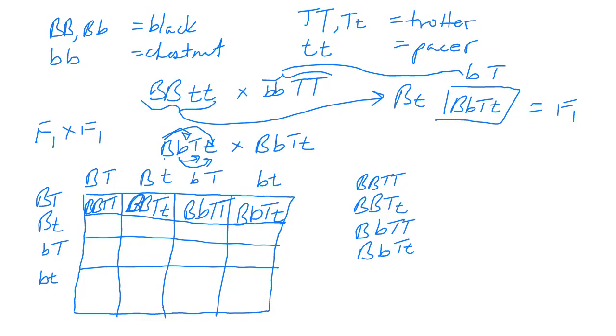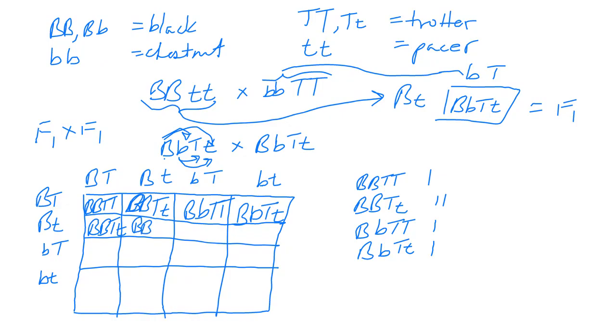So next row, big B, big B, big T, little t. We already have that, don't we? So we had it once, now we have it again. So I'll just put a mark here for each time we see it.